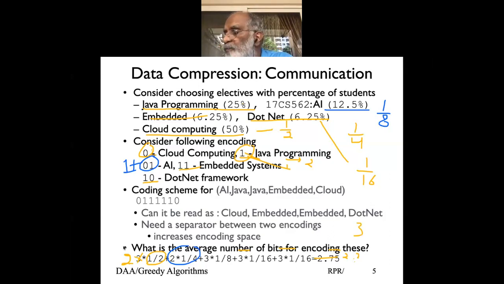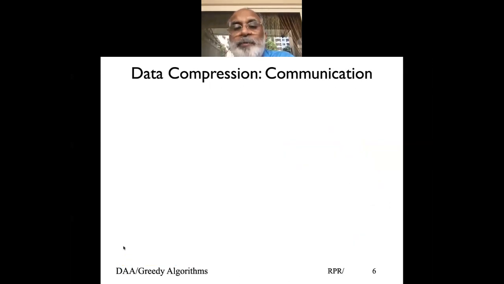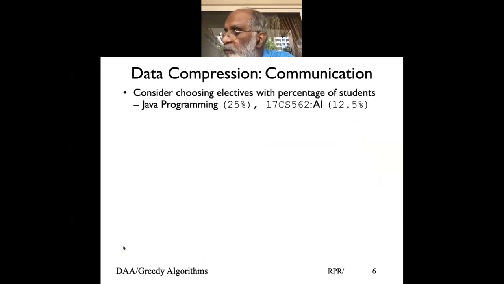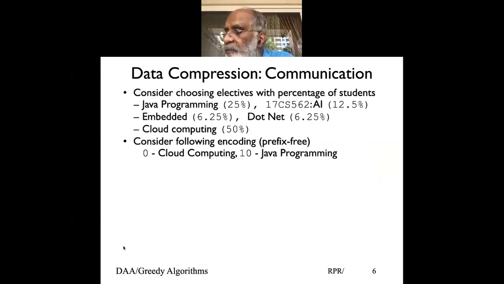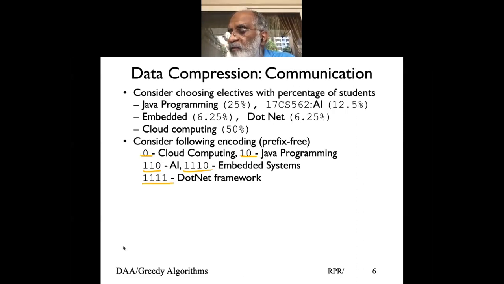We would like a better scheme where we make sure that no encoding of any subject is a prefix of another one, and that is what we call prefix-free encoding. So let's look at an encoding scheme where 0 is cloud computing, 10 is Java programming, 110 is AI, 1110 is embedded, and 1111 is .NET framework.